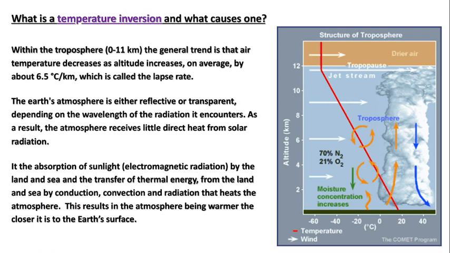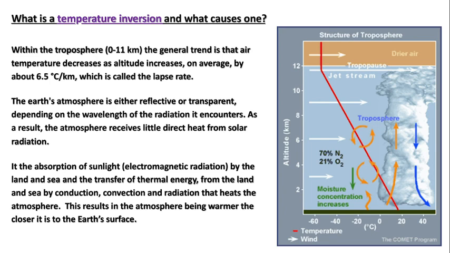Within the troposphere, 0 to 11 kilometers, the general trend is that air temperature decreases as altitude increases, on average by about 6.5 degrees Celsius per kilometer, which is called the lapse rate. The Earth's atmosphere is either reflective or transparent depending on the wavelength of the radiation it encounters.